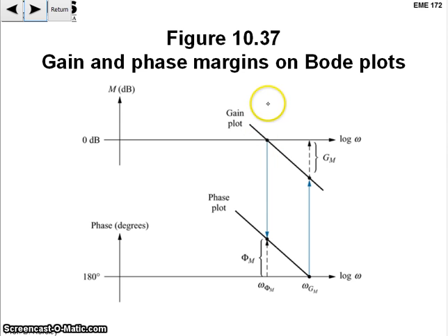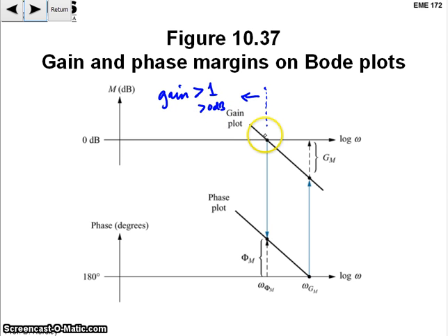Because if we look over here, we can see that the gain is more than 1. So for frequencies in this range, the gain is greater than 1, which is saying it's greater than 0 dB.